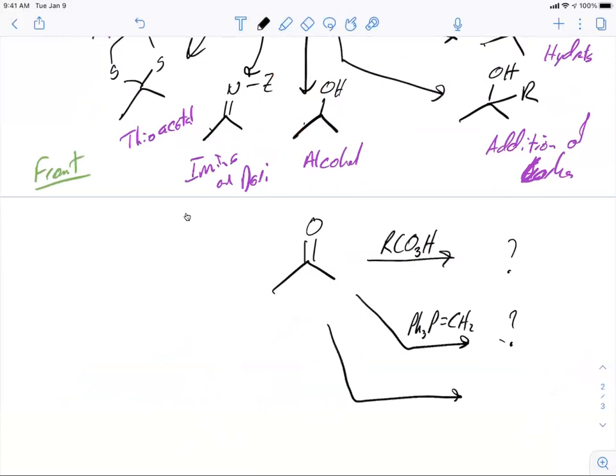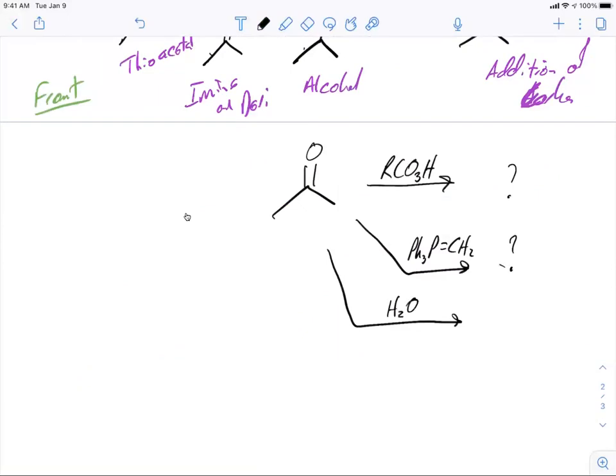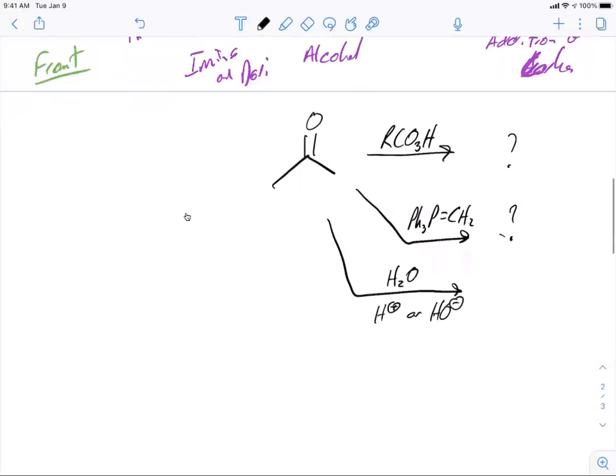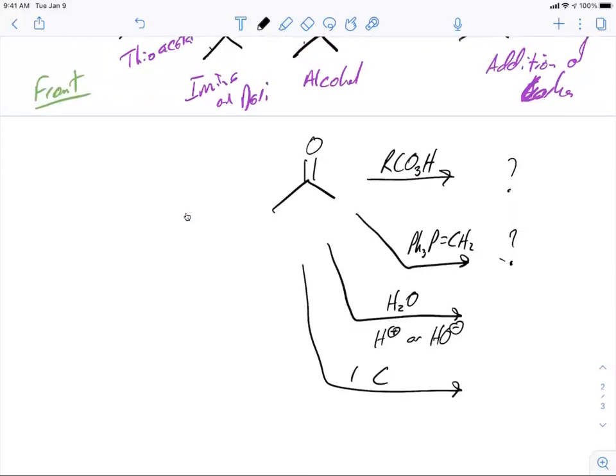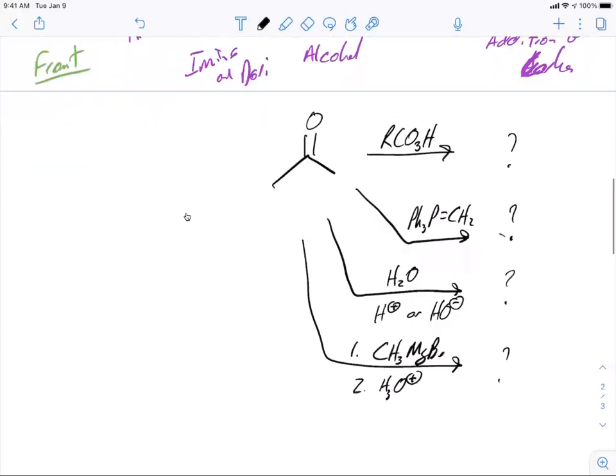To go into the hydrate, we'll use water and either acid or base. To add the carbon, we're going to use the Grignard and then neutralizing workup. To go to the alcohol, we're going to use sodium borohydride and methanol.